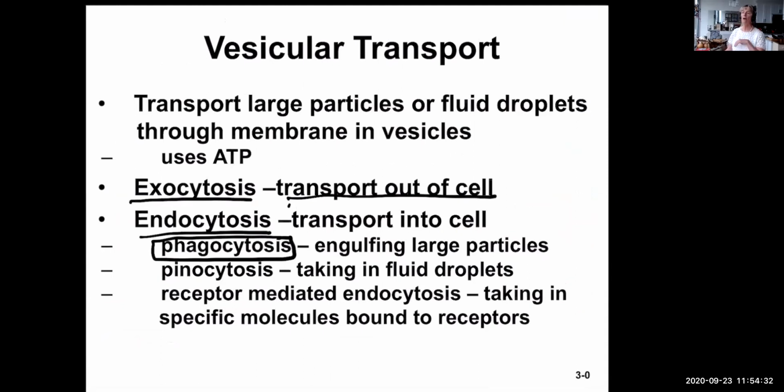So that is how amoebas engulf particles. That is how your amoebic white blood cells, your macrophages, engulf particles like bacteria in your cells. Pinocytosis is taking in fluid droplets. They're smaller. Receptor-mediated endocytosis takes in very specific molecules when they bond to receptors in the cell membrane.